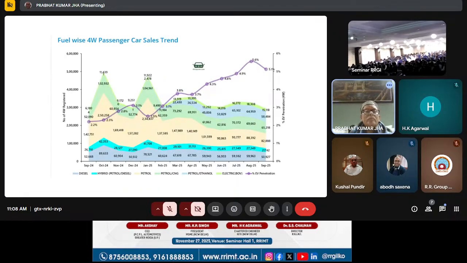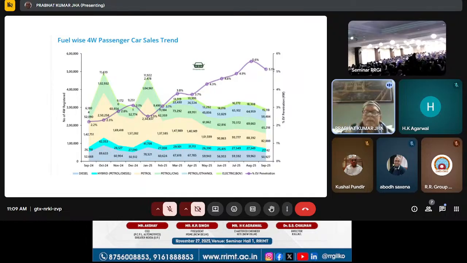And then the fuel-wise four-wheeler passenger car sales trend. You see that there is a peak in August 25, but a little dip in September 25. So you can make your speculation and futuristic projection like that.